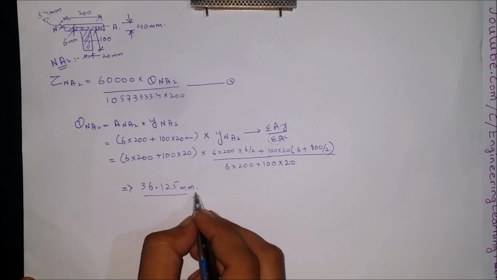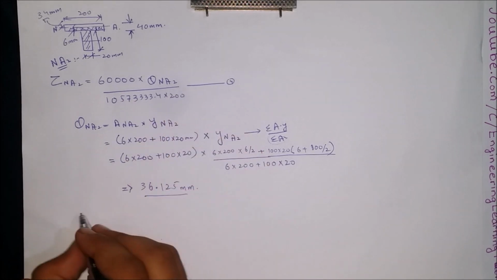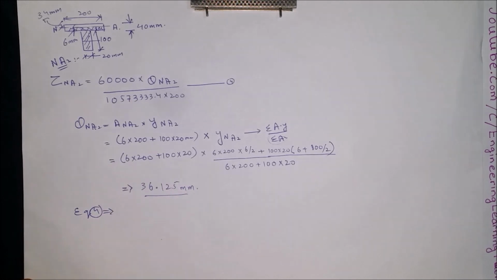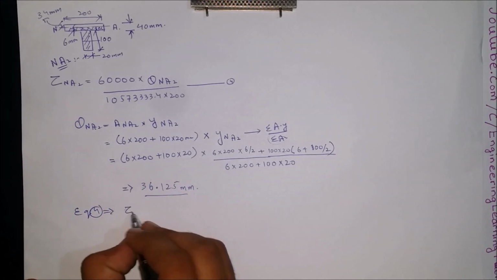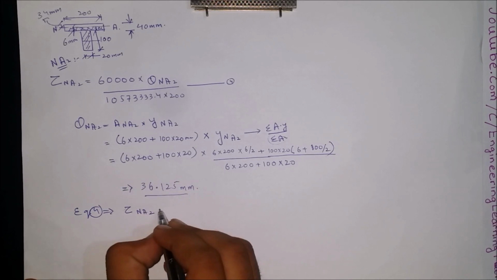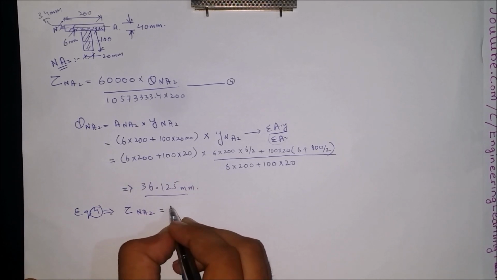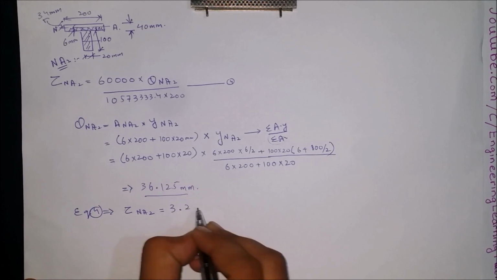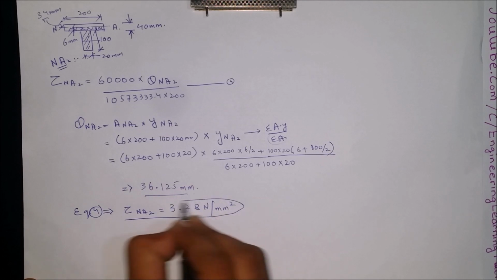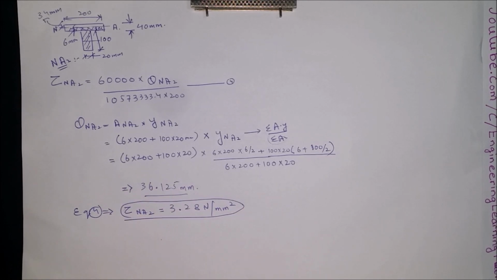Substituting the value of 36.125 millimeter in equation number 4, we will get a value of shear stress due to the area below the neutral axis as 3.28 Newton per millimeter square. Note that in the previous page we calculated the shear stress due to area above the neutral axis.